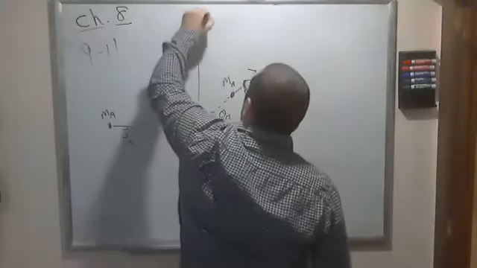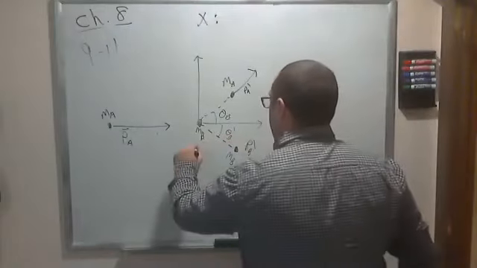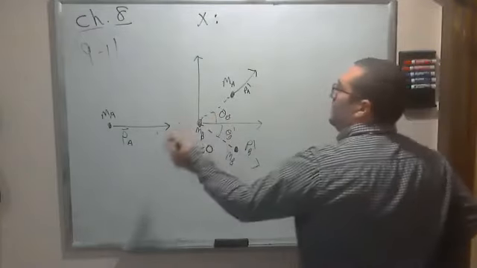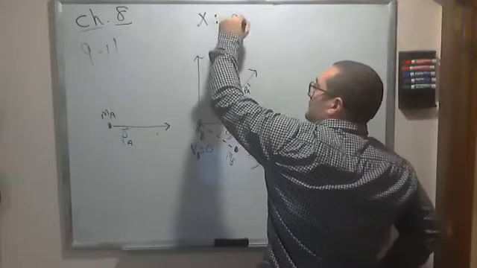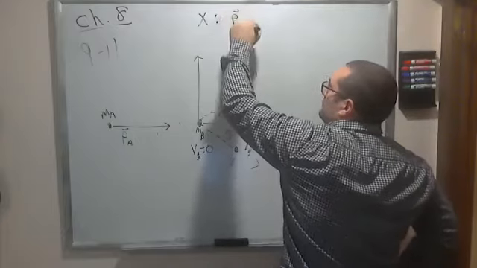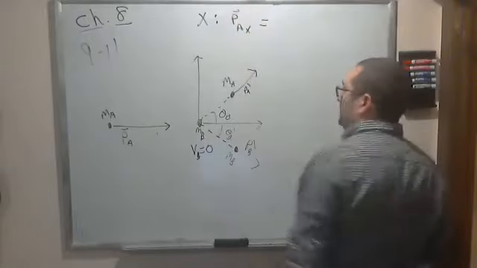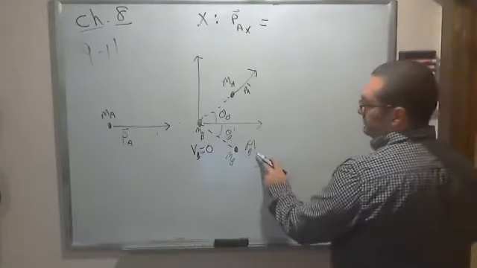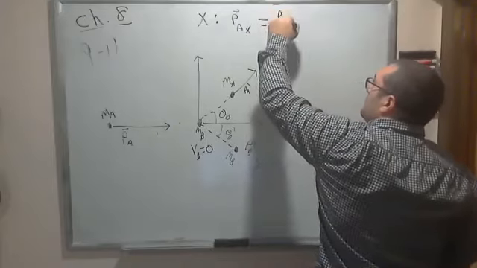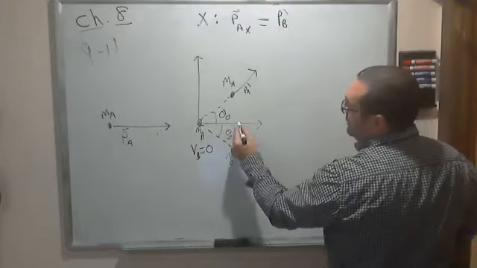So let's consider x. If this mass B is stationary, VB is equal to 0, well, we have its initial momentum in the x direction equal to the final momenta, PB prime times, and then we have to do the components.